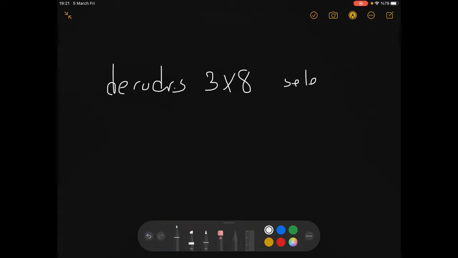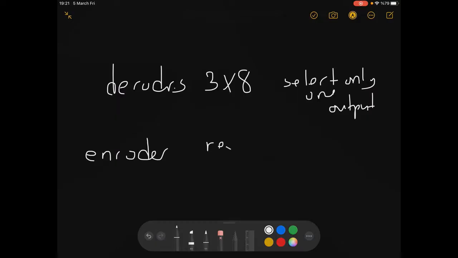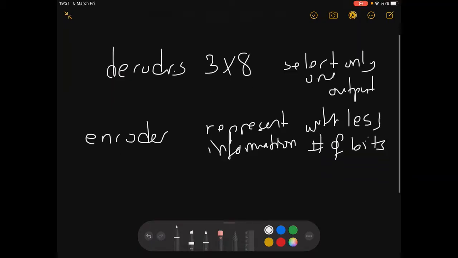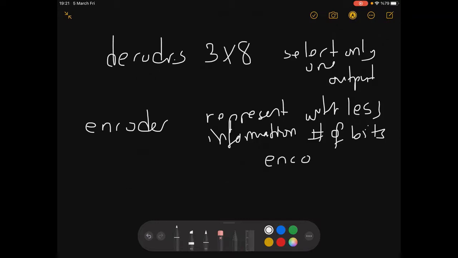Select and only one output. Okay, this is how we can summarize this. Encoders are where we represent information with fewer bits, a smaller number of bits. This is what we call encoders, because we are encoding them.